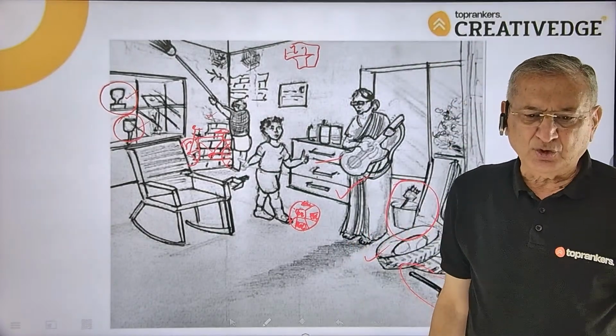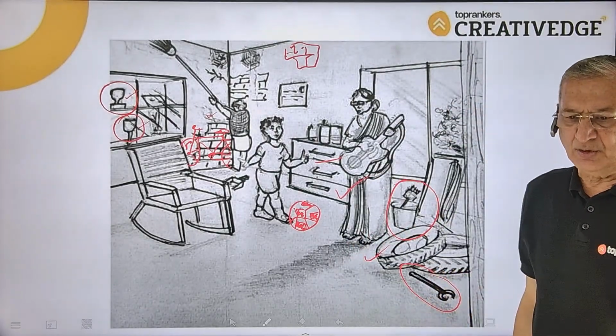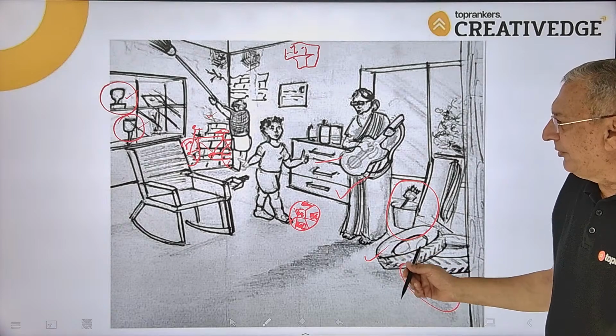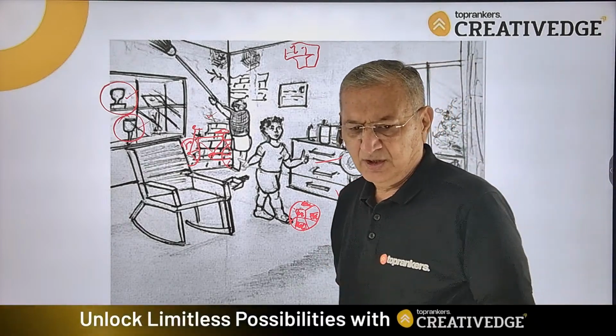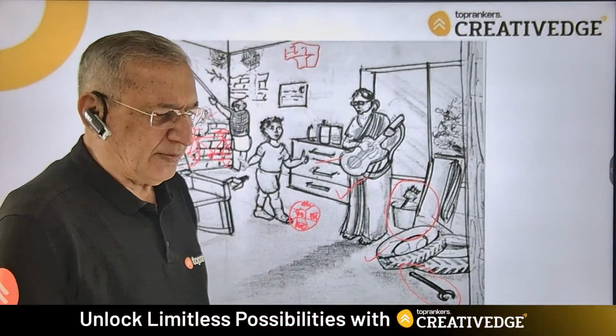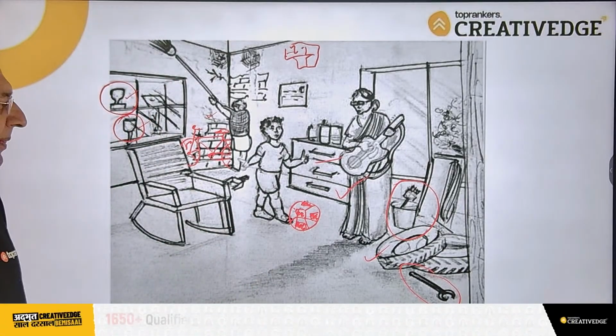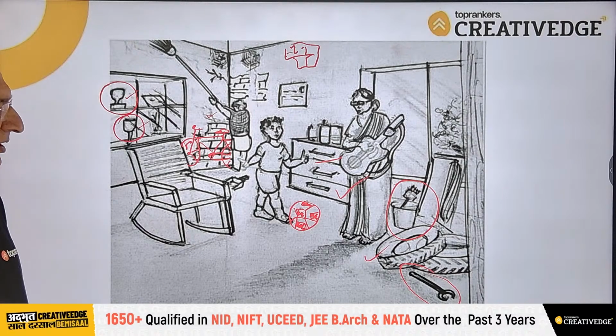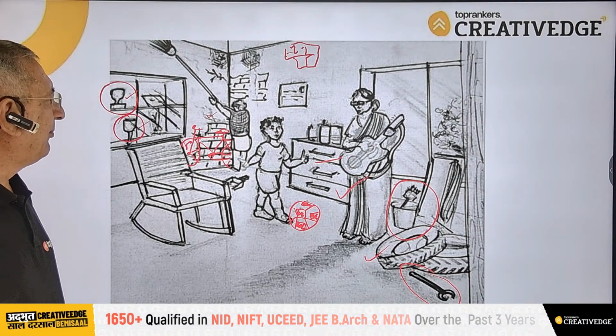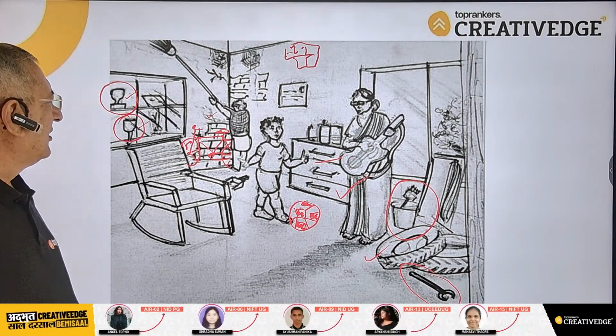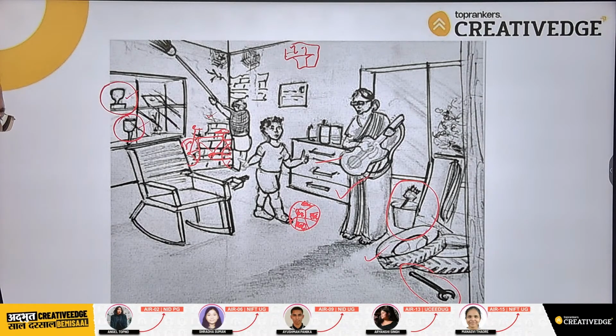My assignment to you before I take you into the marathon would be change the whole scene and look at it from different angle and draw it. Okay? In the question, maybe I will put something like, you are watching from a window, this very scene.